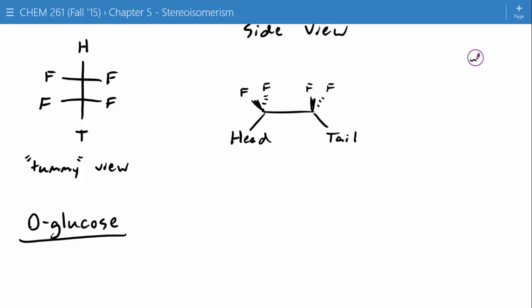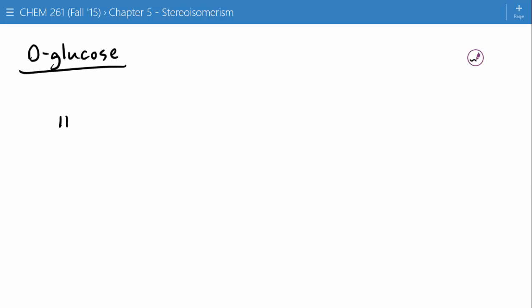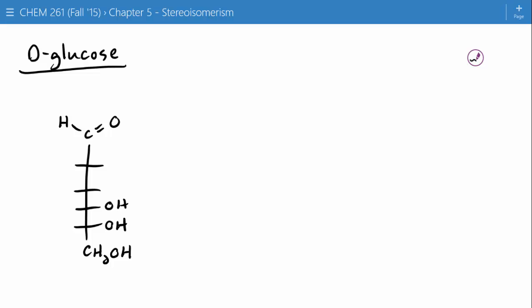All right, with D-glucose, let's draw the Fischer projection. CH2OH. This is significantly easier than drawing all of those dashes and wedges for most carbohydrate chemists.